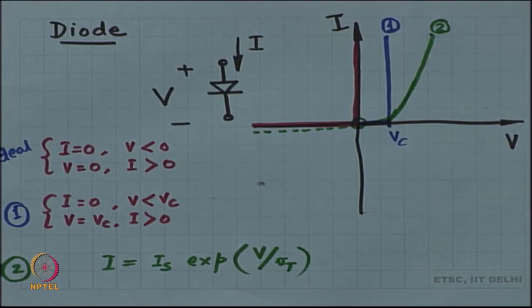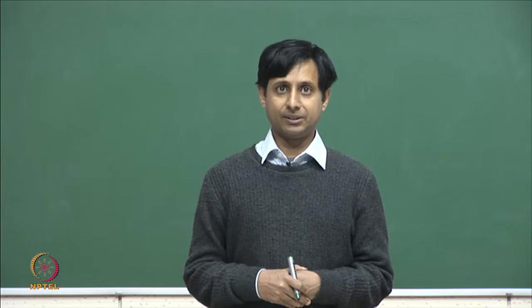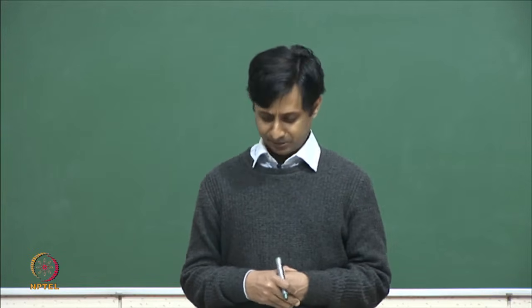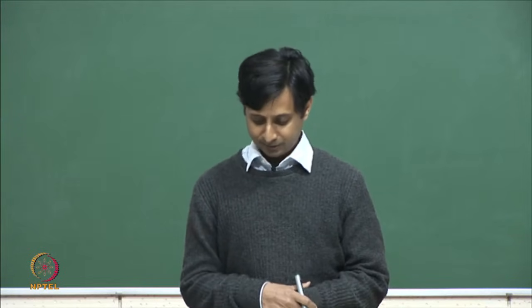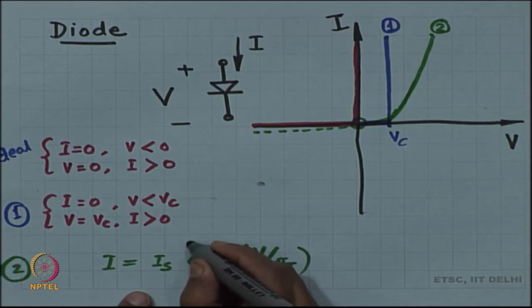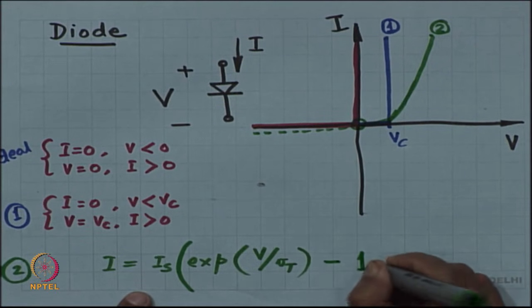Here Vt is kT by q. Okay. So, this is what the device manufacturer wanted to give. Then came the circuit theory expert. He said that no, you can't make this, it is not possible to make this, you can attempt to make this.